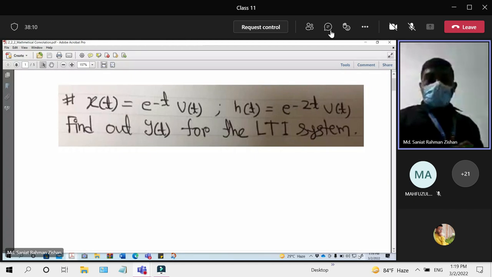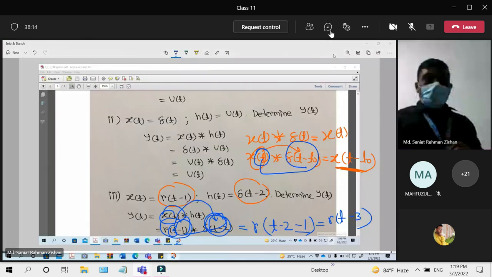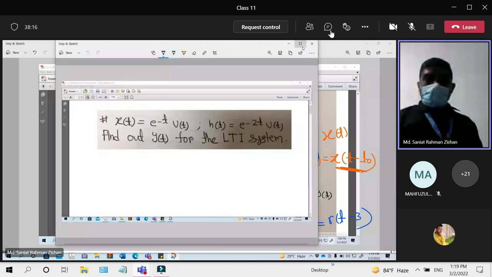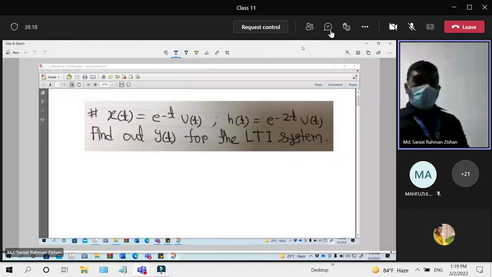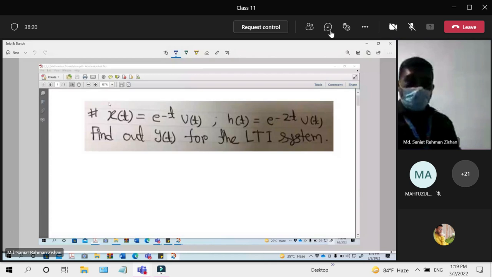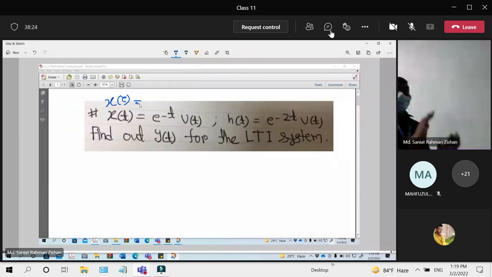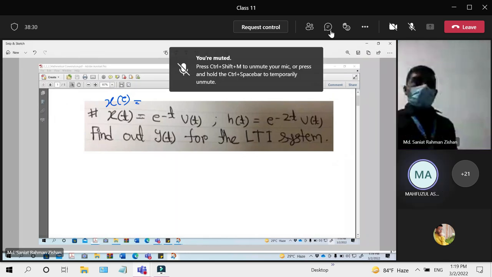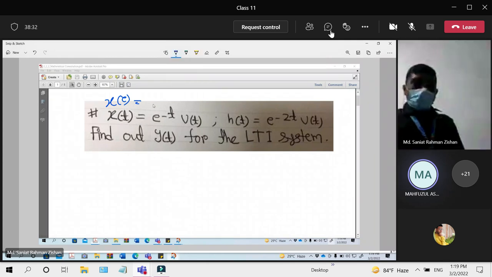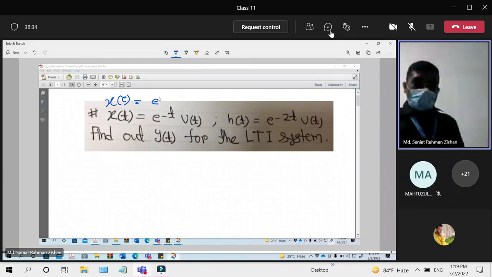If I ask you, xt is given, can you please tell me what will be the value of x tau? Anyone from the class? xt given, what will be the value of x tau? e to the power minus tau u tau.